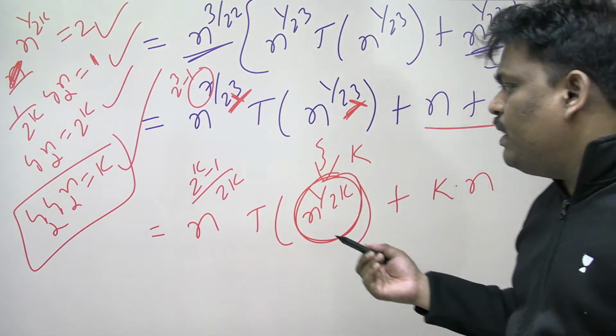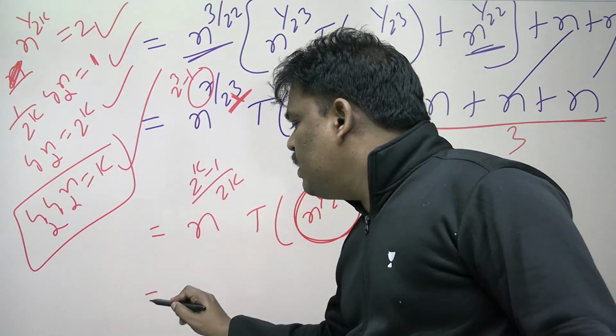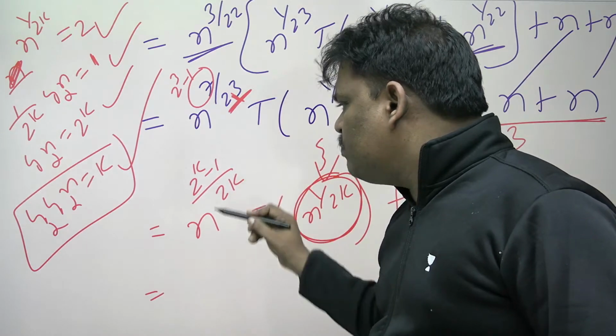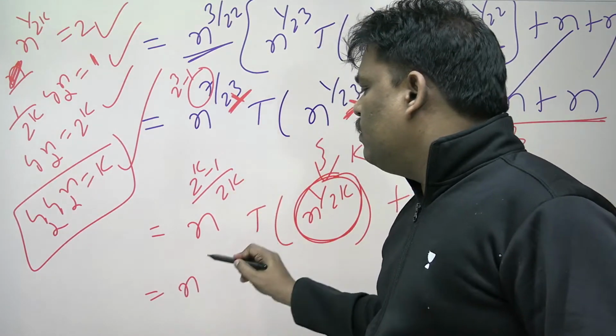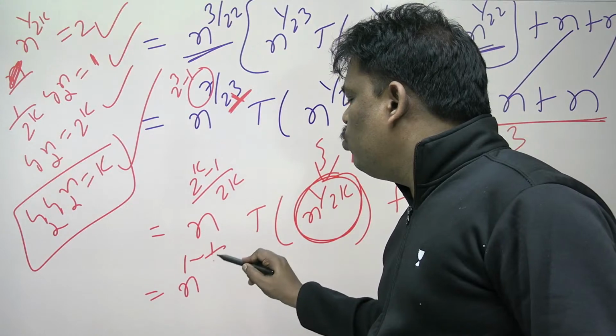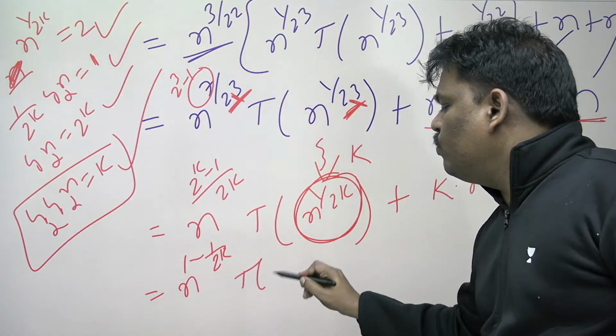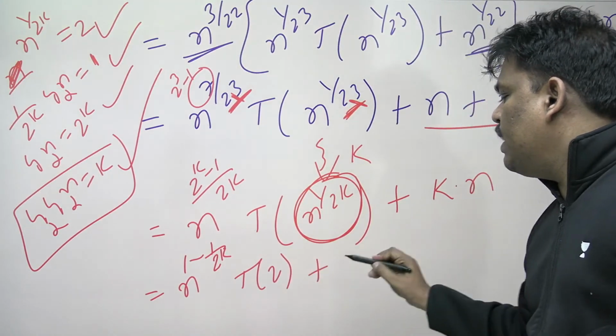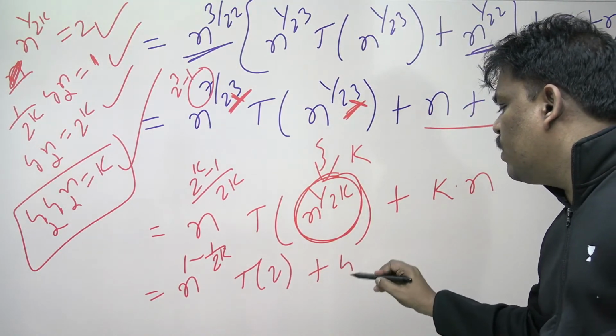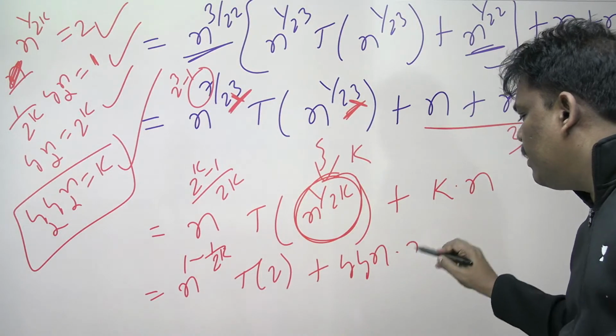Then what will happen is, this became n power 1 minus 1 by 2 power k. This became T of 2. What is the k value? Log n. Log n into n.